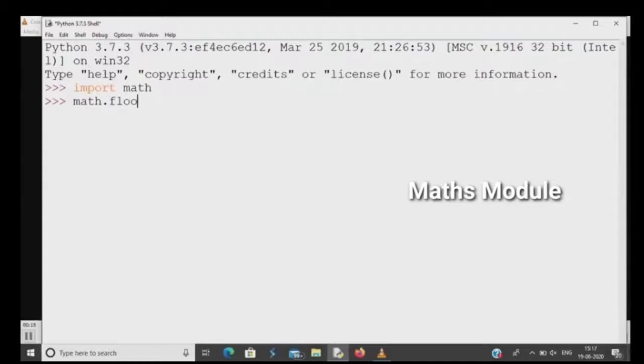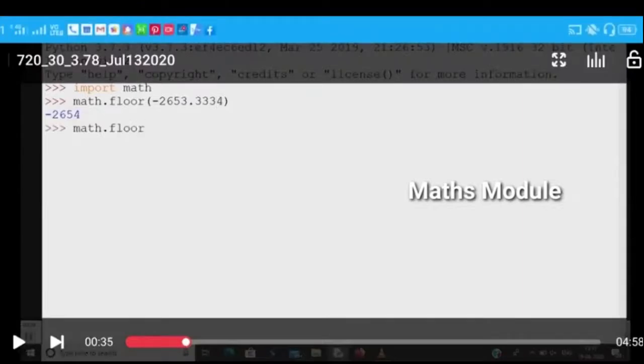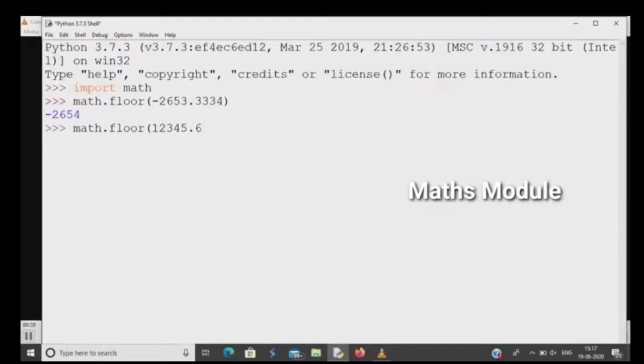So the first function is the floor function. As I have already informed in the previous class, it will provide you the flooring value. Let's have an example. You can see I have written -2653. Let's see one more from the positive side, then you will get a better understanding of the flooring function.